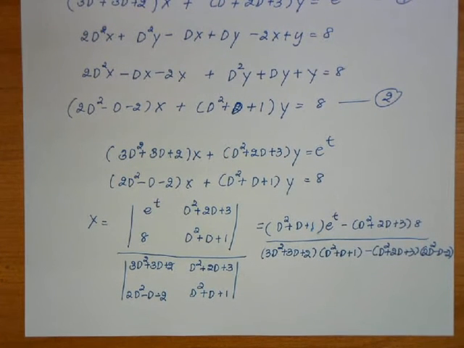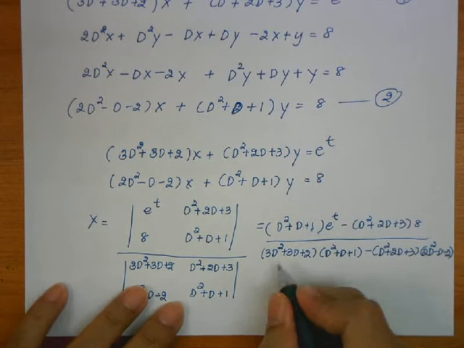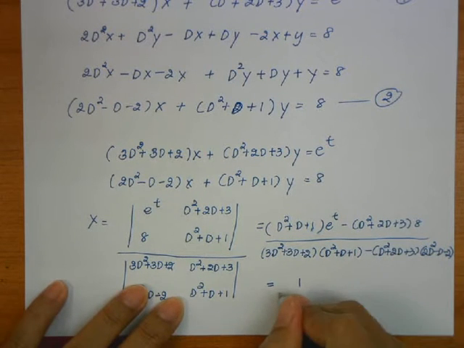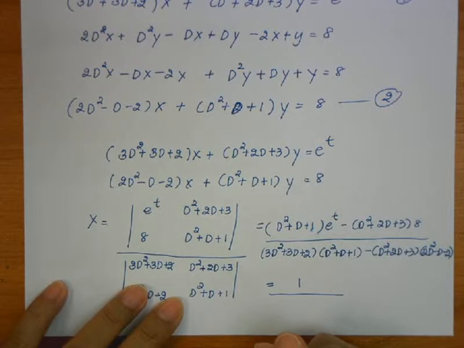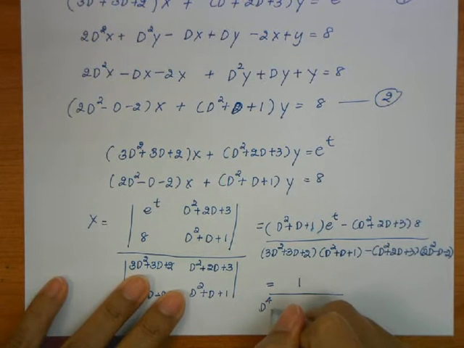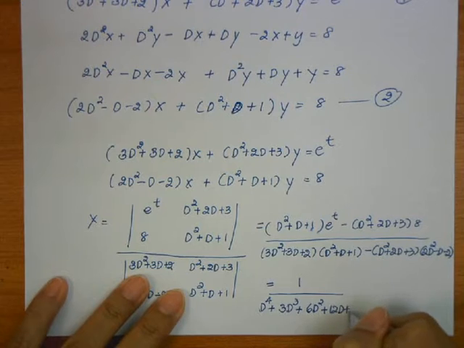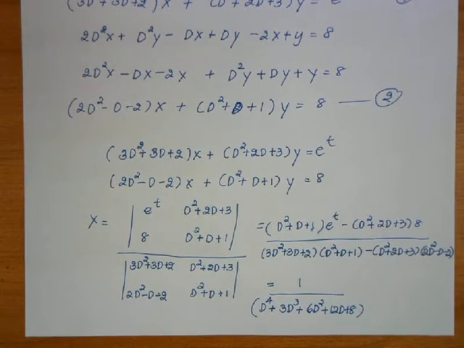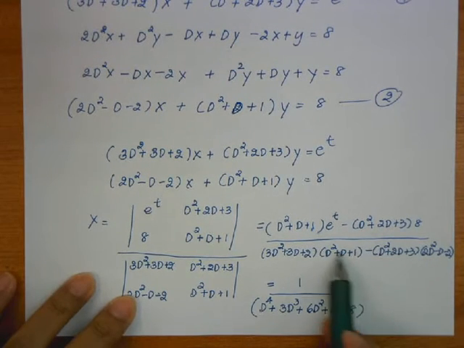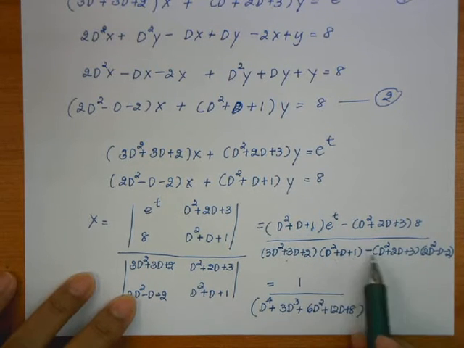Almost. The bottom I would get d to the power 4. I mean, combine the terms: you do the product of these two terms minus the product of these two terms, and this is the answer.